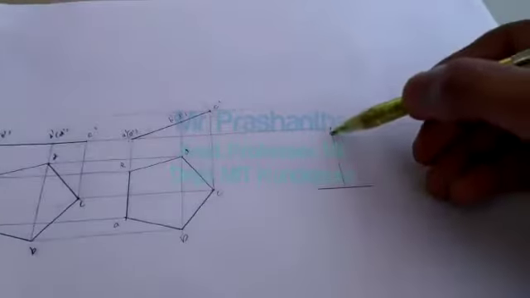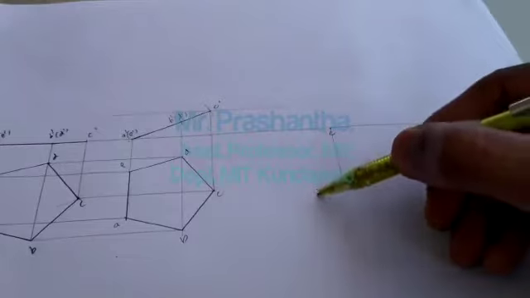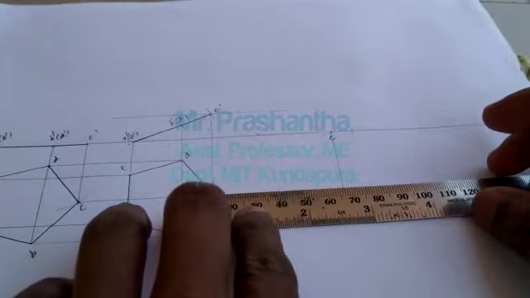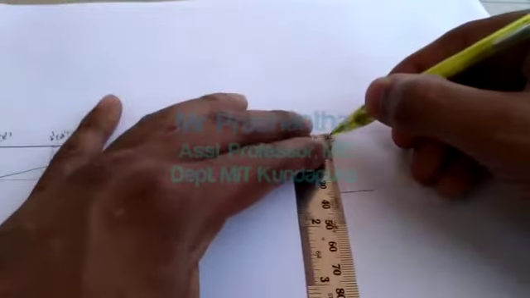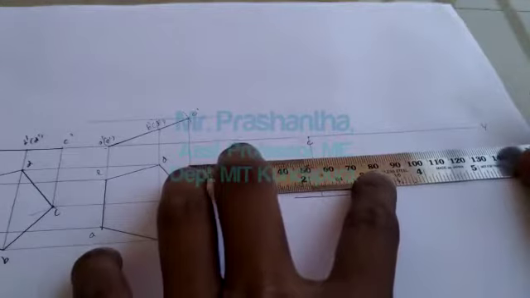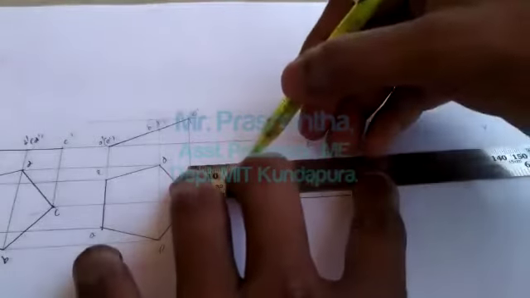Okay, we got 3 points now. See here, this is E and this is A. Then to get another 2 points, measure this distance, that is 13 mm from C. Mark 13 mm over here and draw one horizontal line.